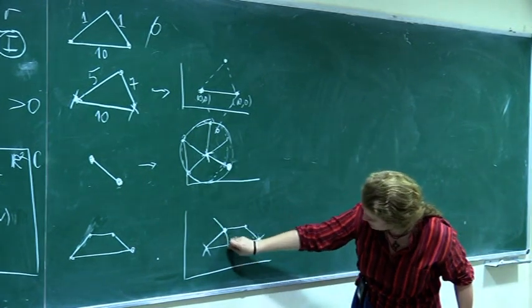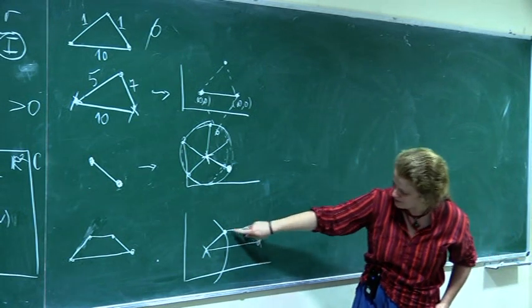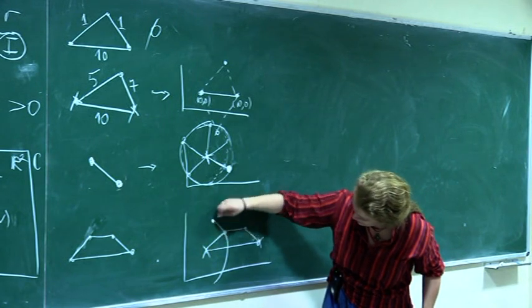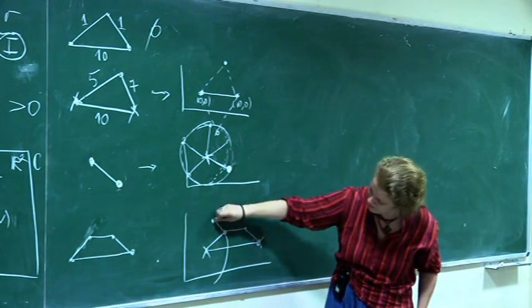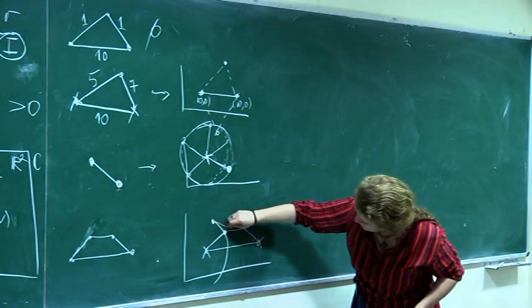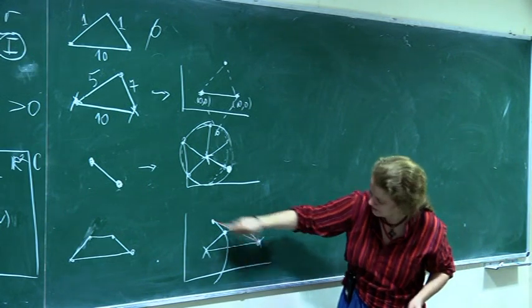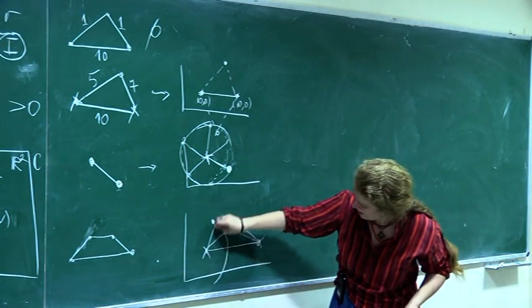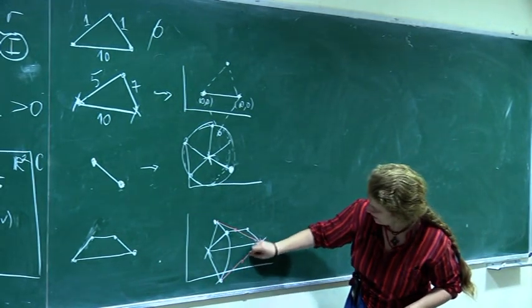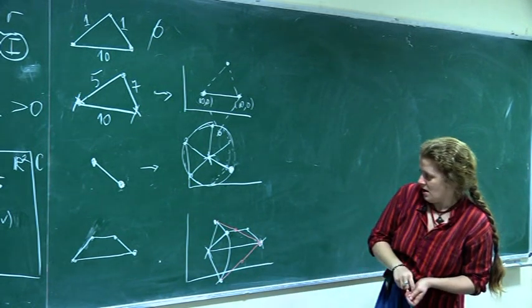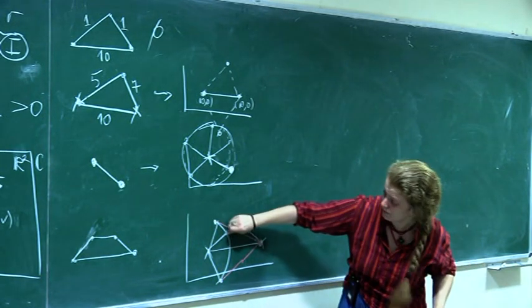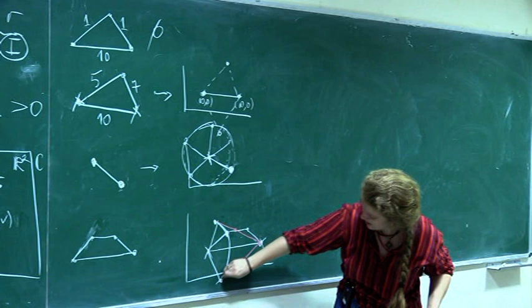In fact, it would be a circle if not for these two links. Somewhere on this circle it stops, because these two edges are aligned and they will not let this vertex go further. On the opposite side as well, we again have these two edges aligned. So it's a segment, right?